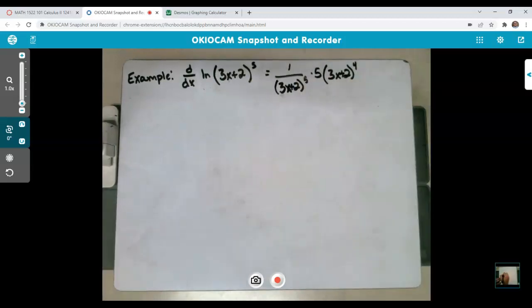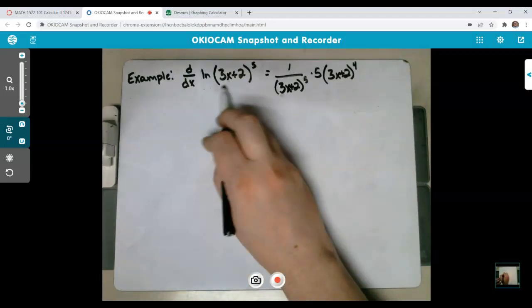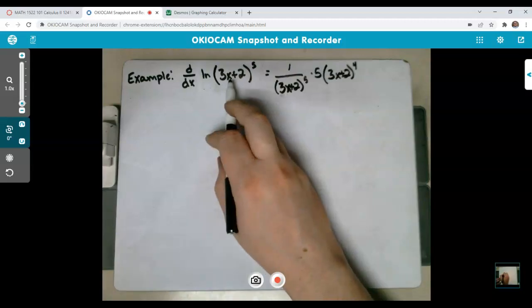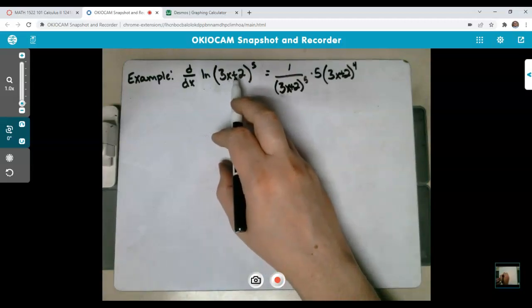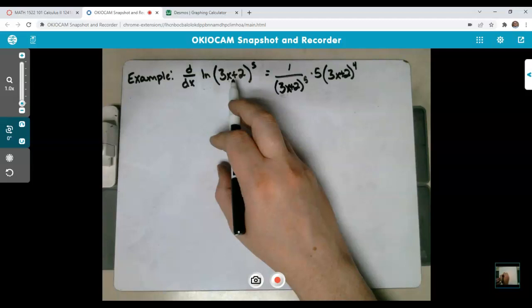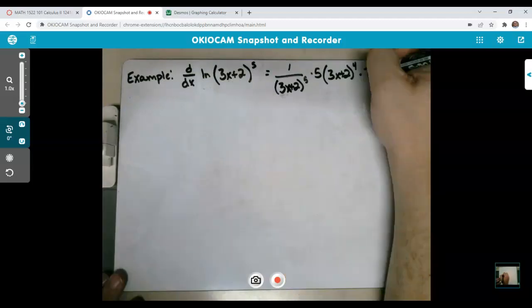But again, by the chain rule, now I have to find the derivative of this stuff. The derivative of 3x plus 2 is 3. So again, you can leave it just like this, and that's okay.